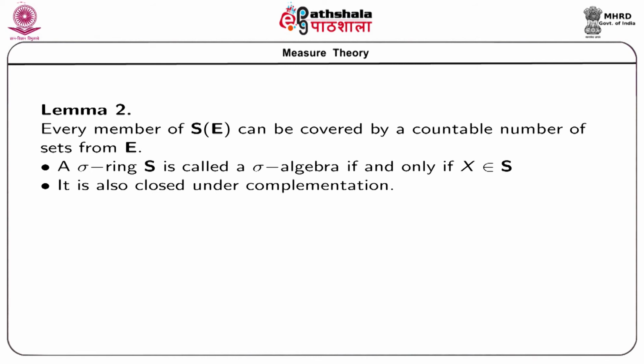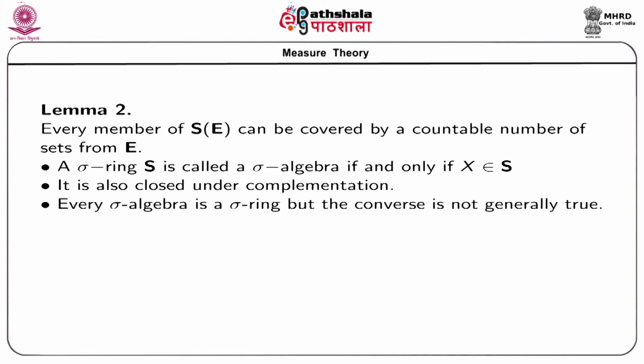Now, for S E, this result does not hold. The easiest example is that if we take E as the collection of all singletons {n}, where n runs over all natural numbers, then E is countable, but S E is the power set of N, which is uncountable.